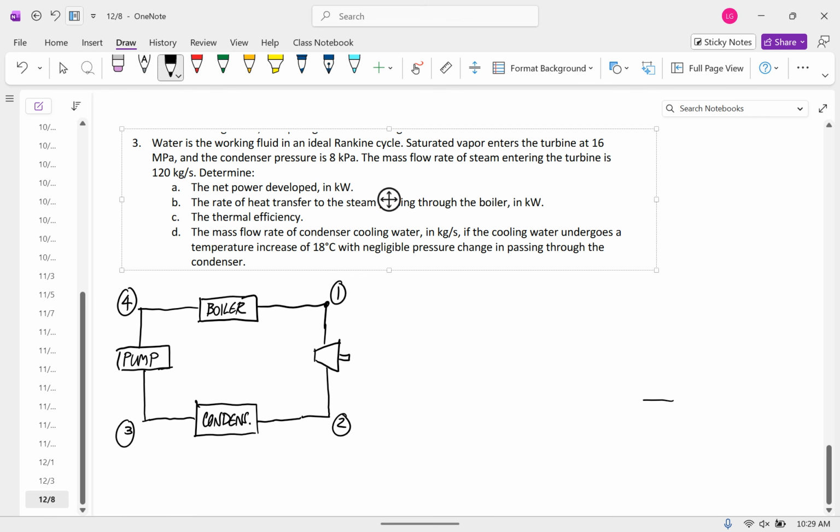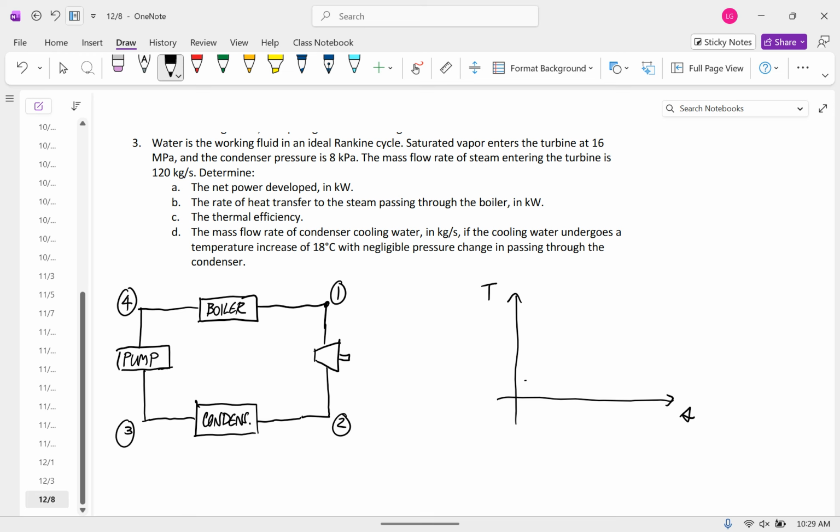And if you look at it in a temperature specific entropy diagram, it looks like this. So here's our state 1. We have an isentropic process as it goes through the turbine.